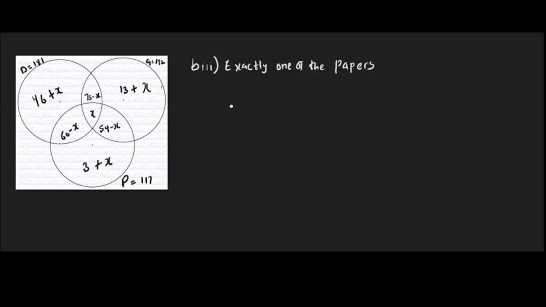Now we have B Roman figure 3 says exactly one of the papers. For us to calculate exactly one of the papers, that means those that read one. That is going to be from this region here, 46 plus x. That's the one that read only one. 46 plus x are the number of readers that read only Daily Times, 13 plus x for the readers that read only the Guardian, and 3 plus x is for the one that read only the Punch.